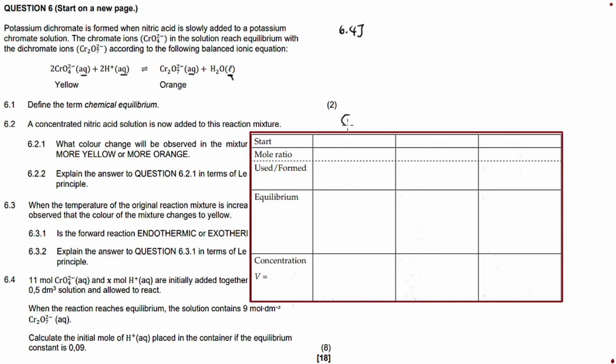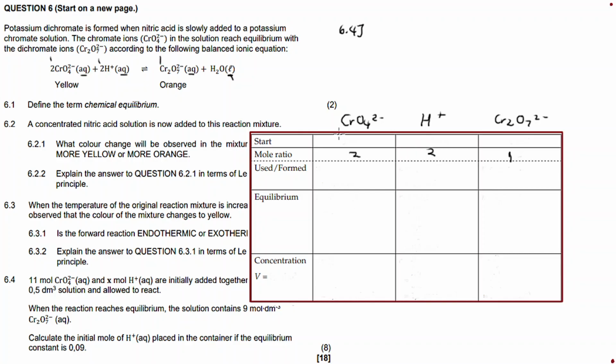So we have chromate ions, CrO4 2 minus, and then H plus, and then we have Cr2O7 2 minus. Okay, so we have a mole ratio of 2, 2 and 1. Those are the coefficients we see in the balanced chemical equation.